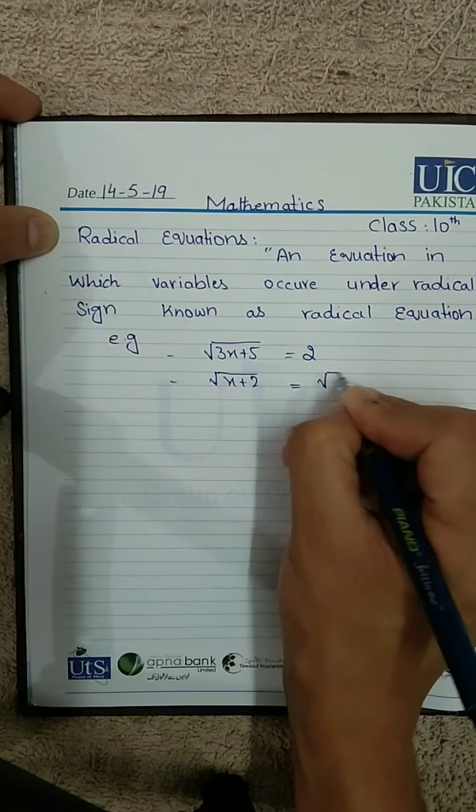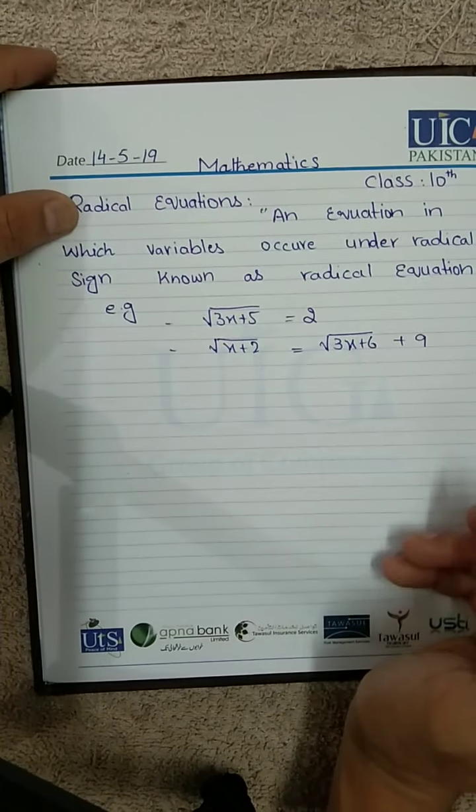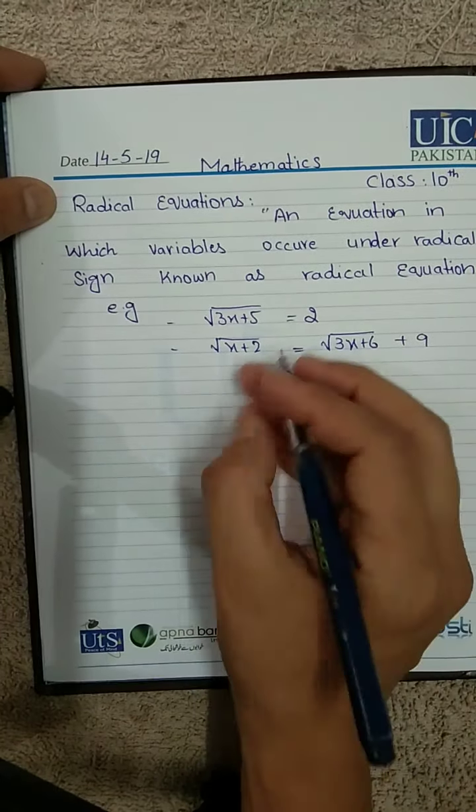Your variables occur under the radical sign. Now we are going to solve exercise number 1.4 from class 10th mathematics.